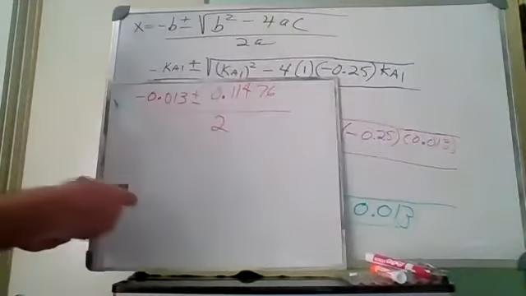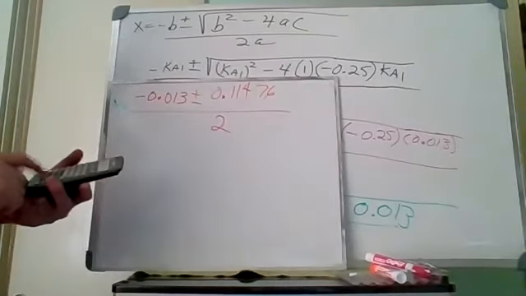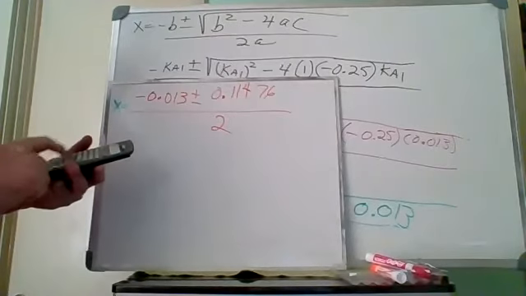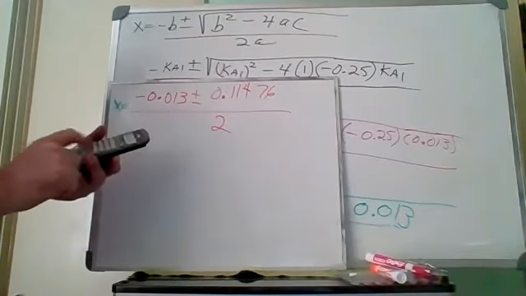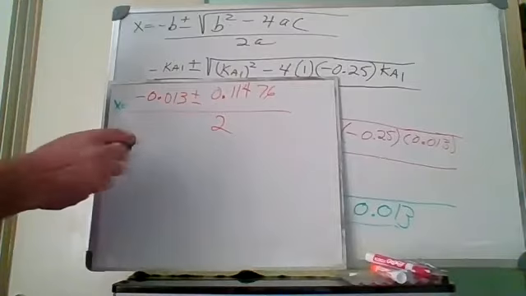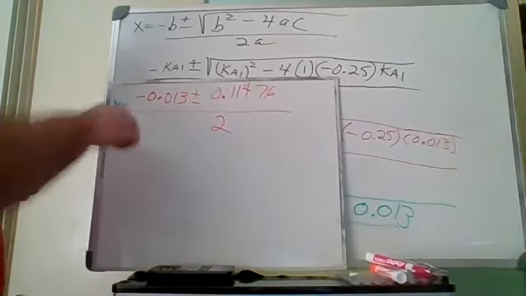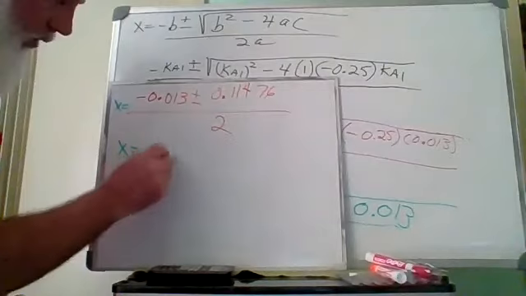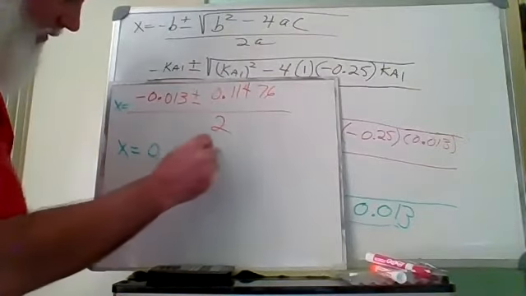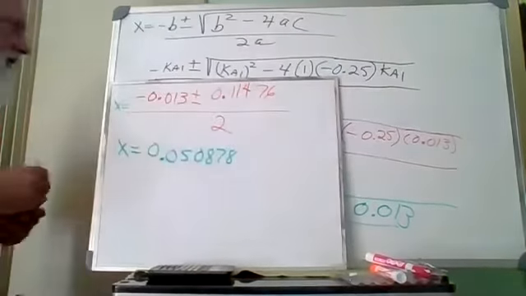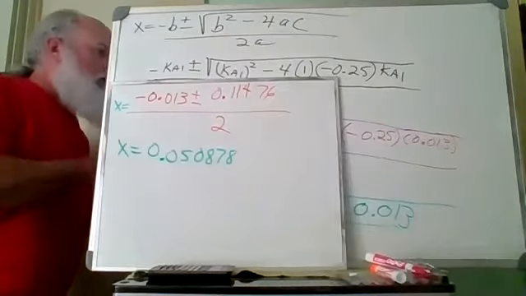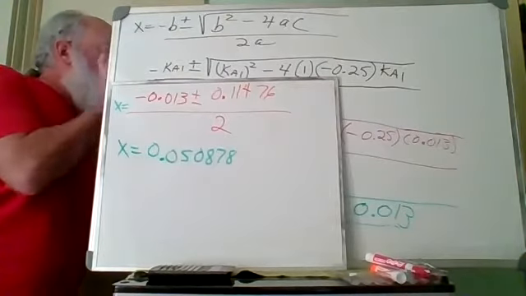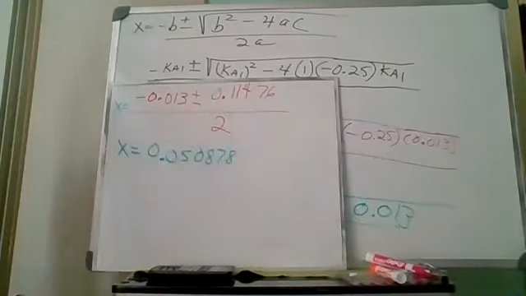So let's go ahead and do that. 0.013 negative plus recall 3 equals divided by 2 equals. And I get X equals 0.050878. Let's see, is that what I had here? Yes, that is. Okay, so we did it right.